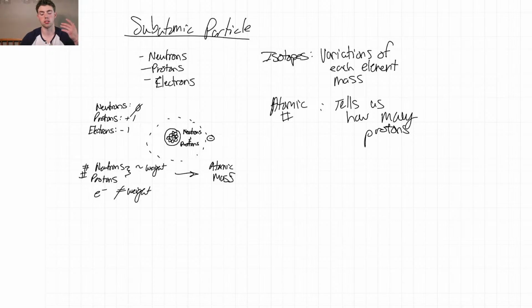So basically, the atomic number is based off of the amount of protons that are in that atom. And because we know atomic mass is neutrons plus protons and atomic number is just protons, it's easy to figure out our number of neutrons because all we have to do is subtract the number of protons. And so that is how they are loosely organized.